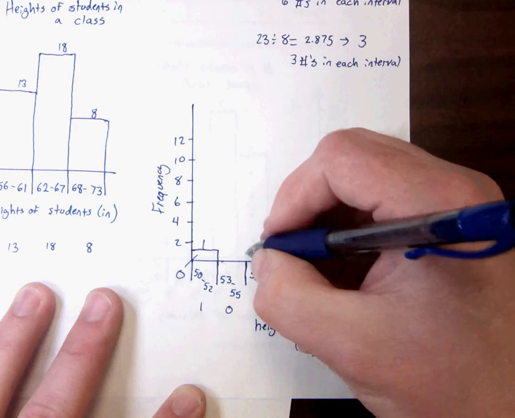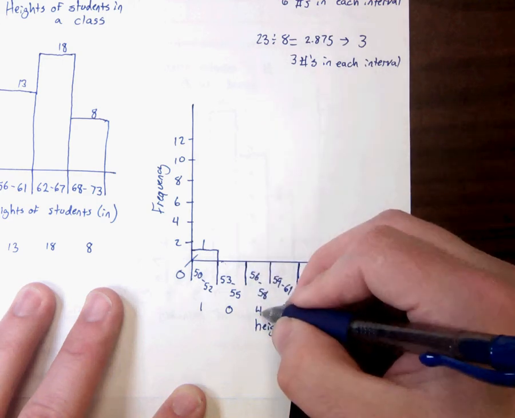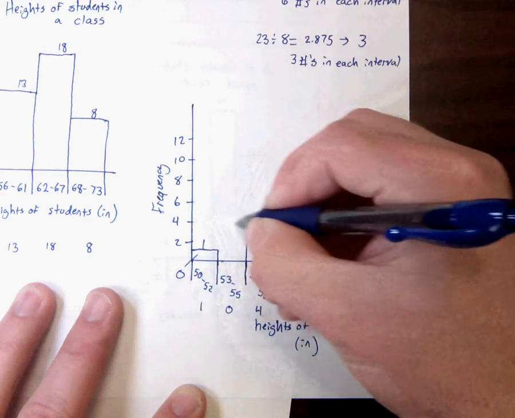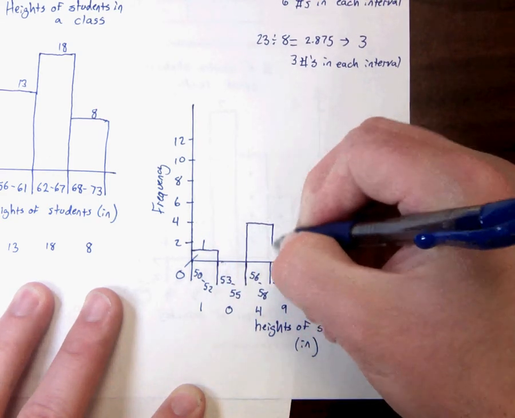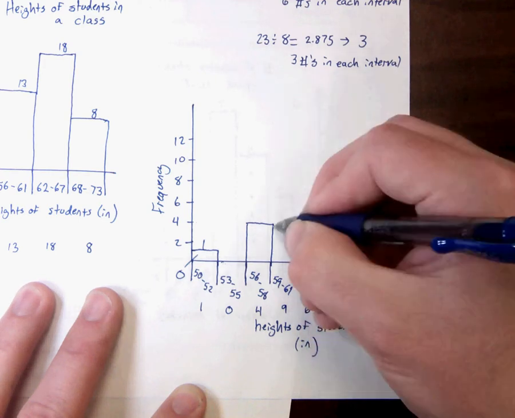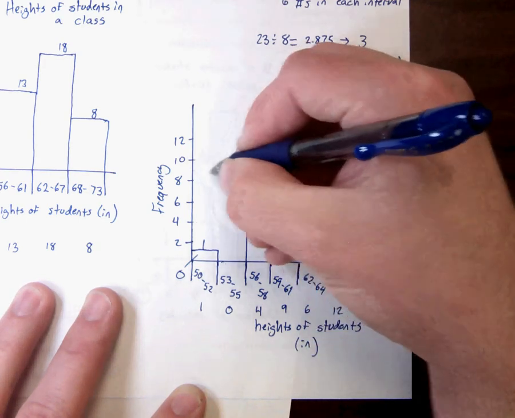Next, 59 to 61. 9. So 9 is halfway. Make sure your bars touch. We should be labeling.